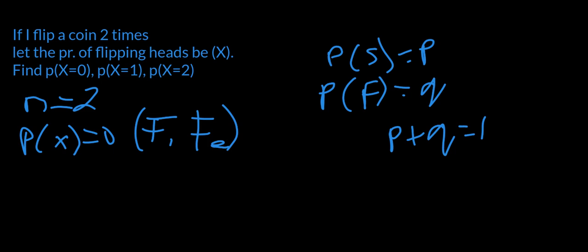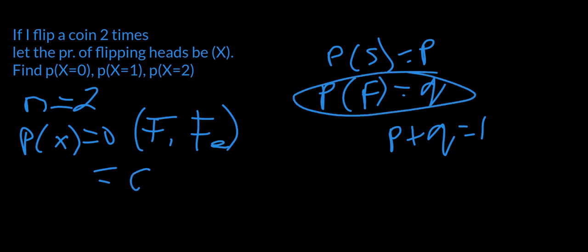Now we know that the probability of a failure we can denote as q, and on the second try we also failed. So we can just multiply, and that is just q square.